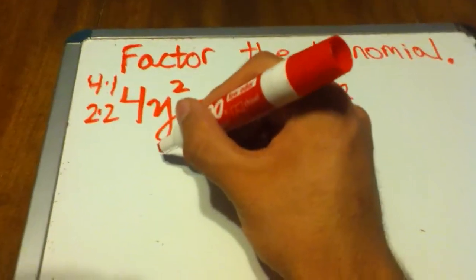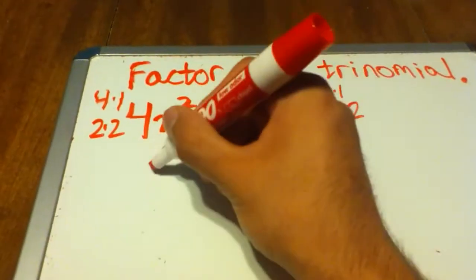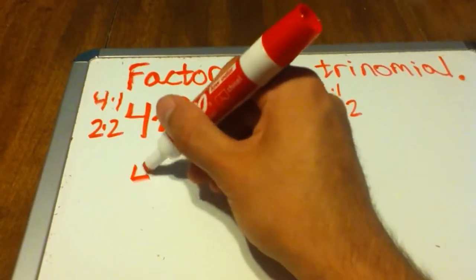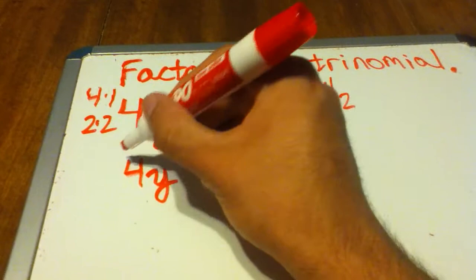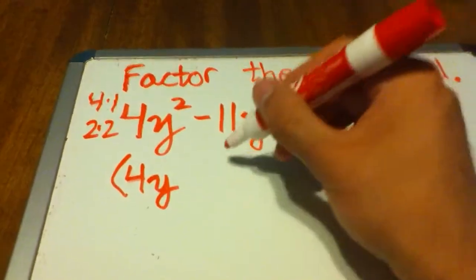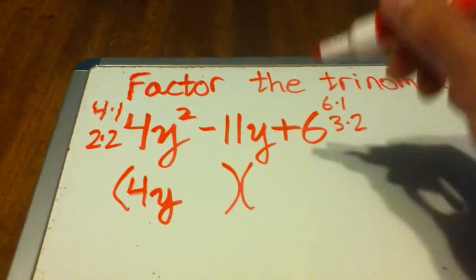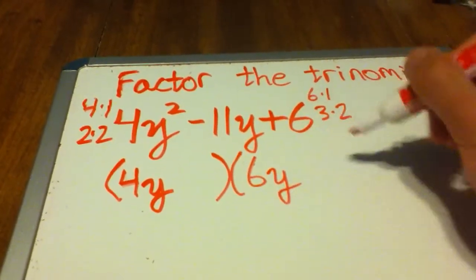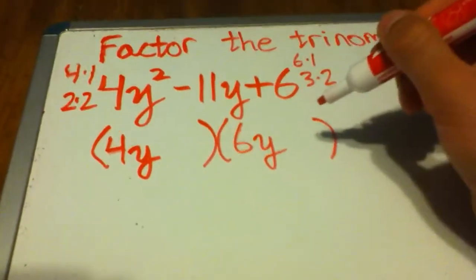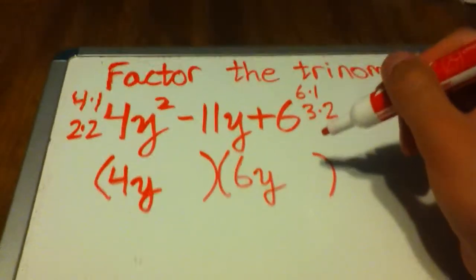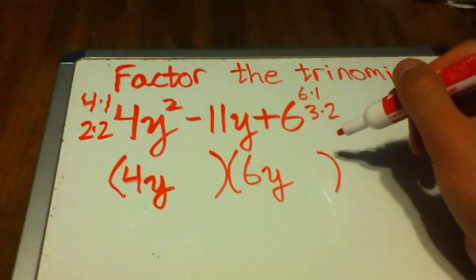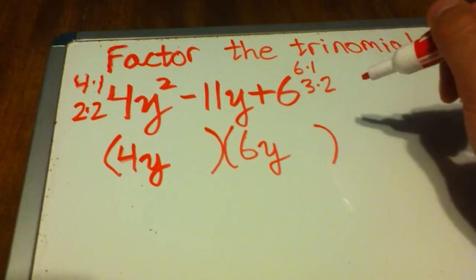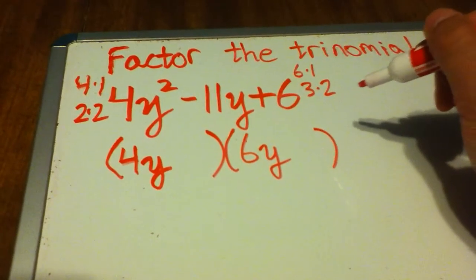Now, keep in mind this is something called the trial and error method. So, it might work, it might not. But as you get better with it, you could tell and do it in your head. But for right now, I'm going to show you the way you do it until you get that good. And to be honest, it's not hard to get to that point, but it will take a little practice, but it's really not that bad.